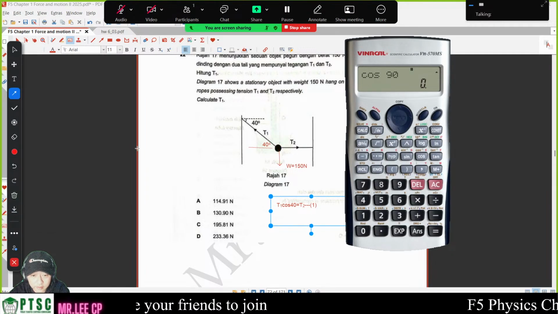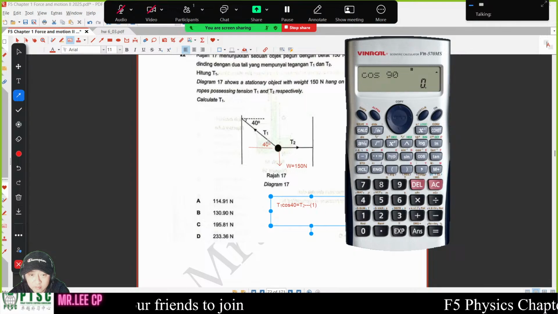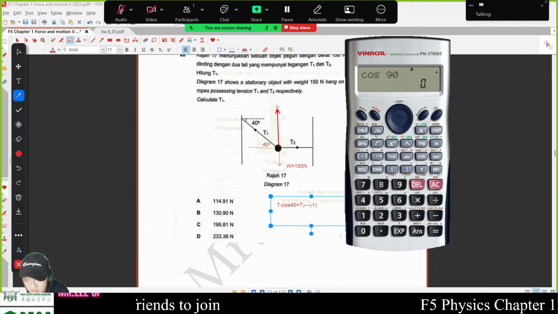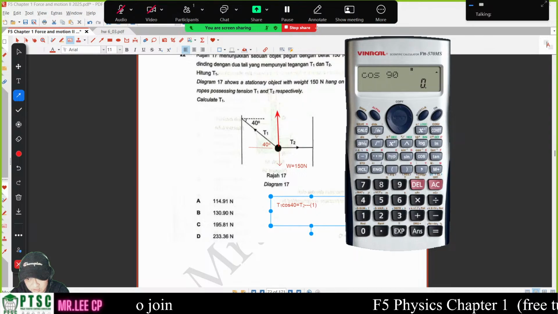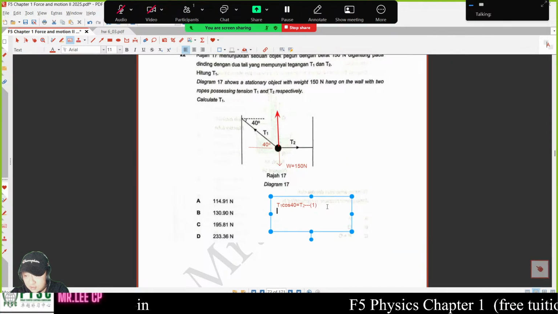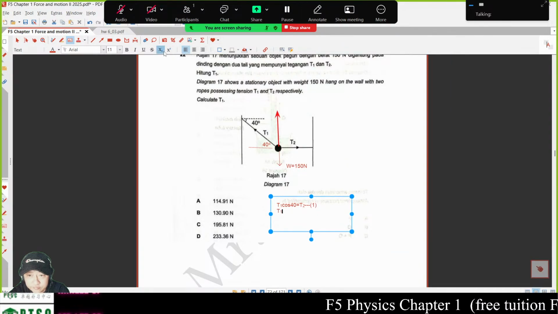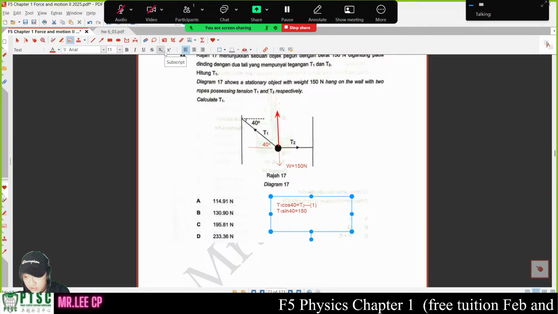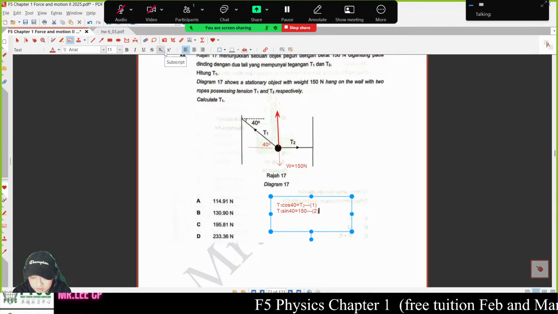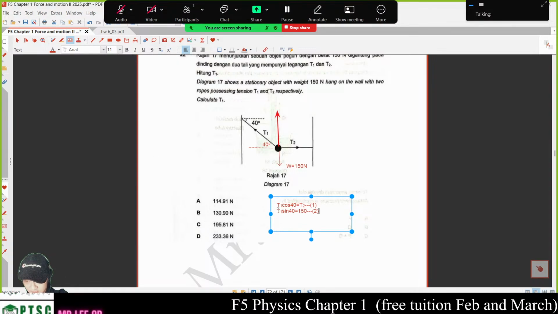Alright. So again, one more time. T1 bring to here, not touching 40. T1 sine 40 is equal to 150. Right? This is the second equation. So you can find from here T1 how much.